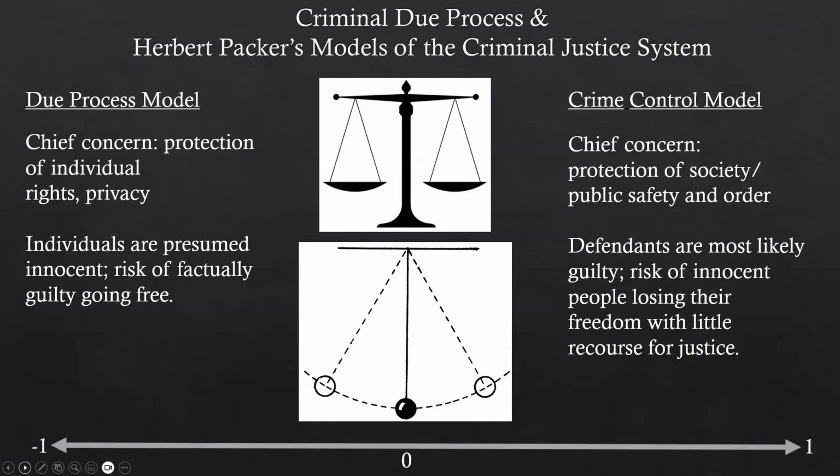You may notice that laws change as our concerns for due process or our concerns for crime control shifts. There are times in history where we've been more concerned about public safety than we were about due process.